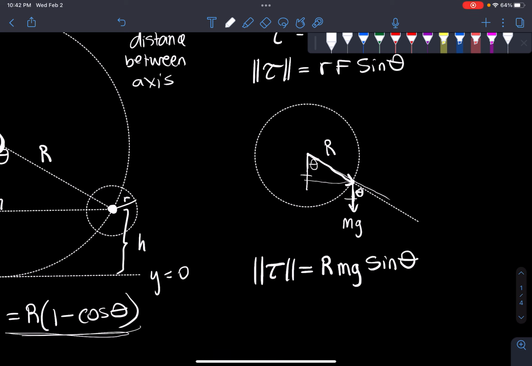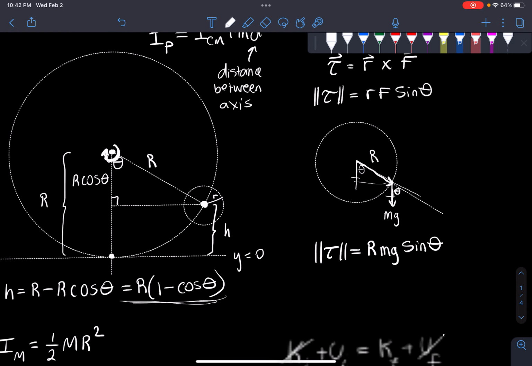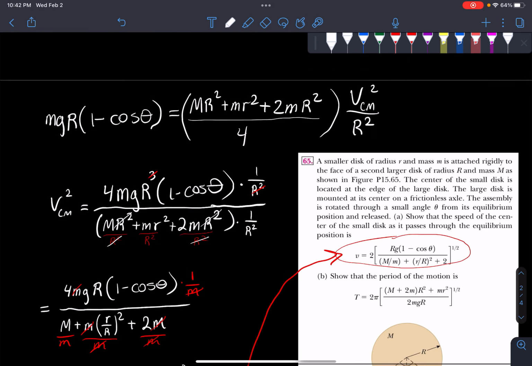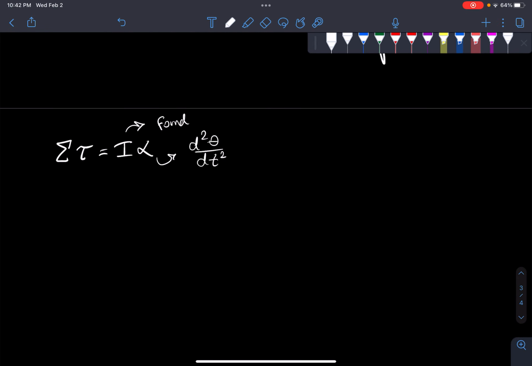So that is the expression for the torque on the little mass, or the little disk. So let's go back down to here and say the net torque, that's the only torque that we have. So what did I say it was? It was mg for the force, r for the distance, sine theta.